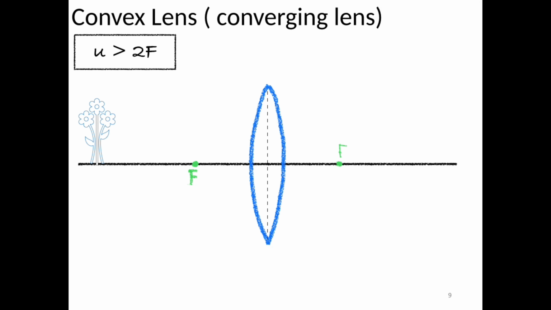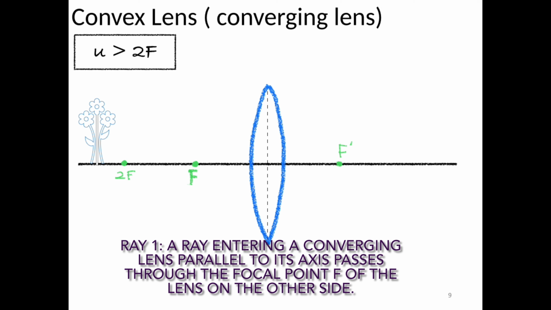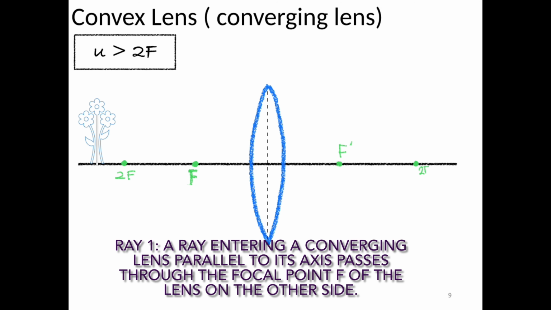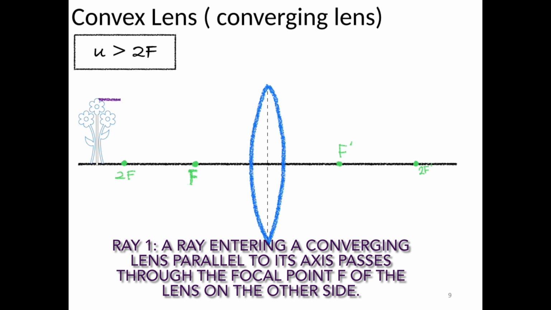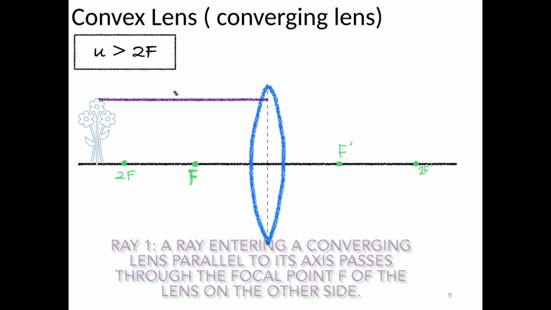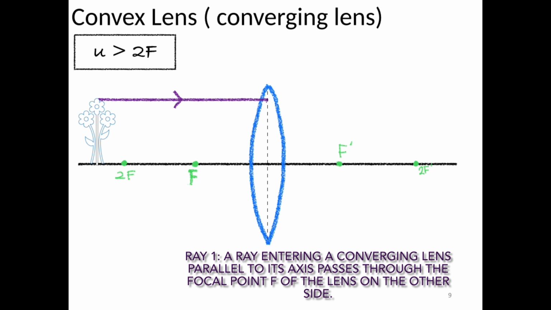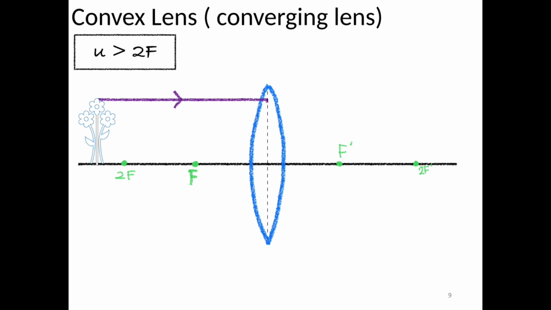And you can try to use F equals 2 cm and 2F equals 4 cm, while the object distance is 6 cm. Okay, done? Good.